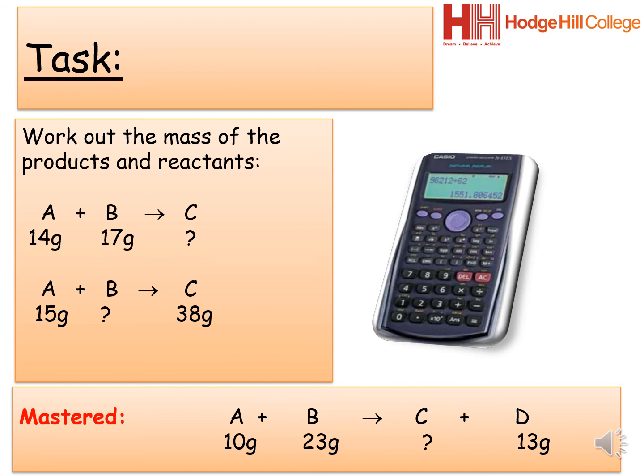So before the arrow, we have reactants weighing a total of 33 grams, which means that the total after the arrow must also equal 33 grams. We know that D is 13 grams, so all we need to do here is 33 minus 13. The answer for C should be 20 grams. It is a simple subtraction.